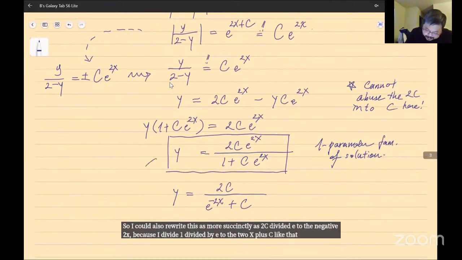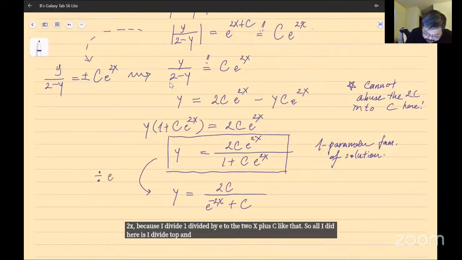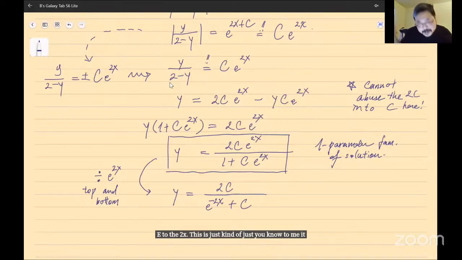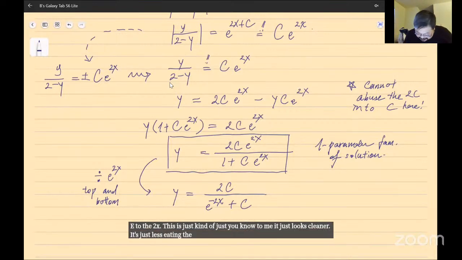All I did here is divide top and bottom by e to the 2x. To me, it just looks cleaner. It's just less e to the 2x everywhere. Okay, great.